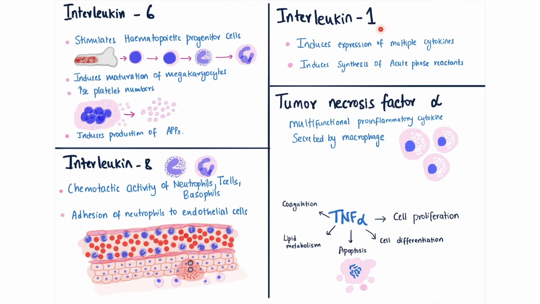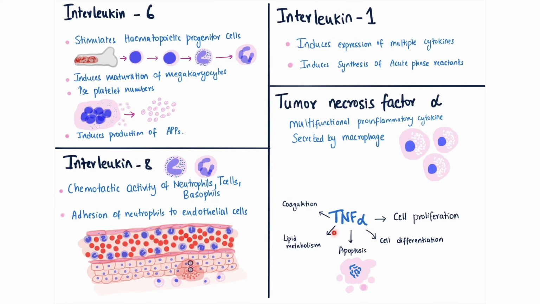Coming to interleukin 1, it induces the expression of multiple cytokines and also induces synthesis of acute phase reactants in response to inflammation. Coming to tumor necrosis factor alpha, it is a multifunctional pro-inflammatory cytokine and it is secreted by macrophages.